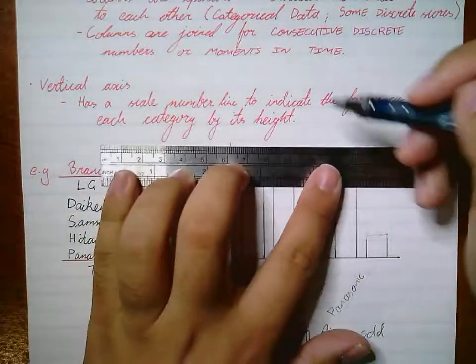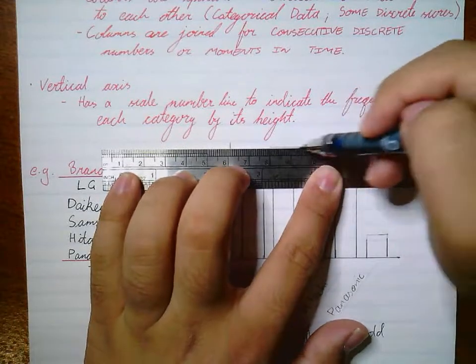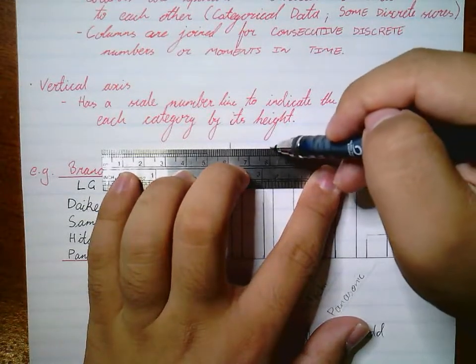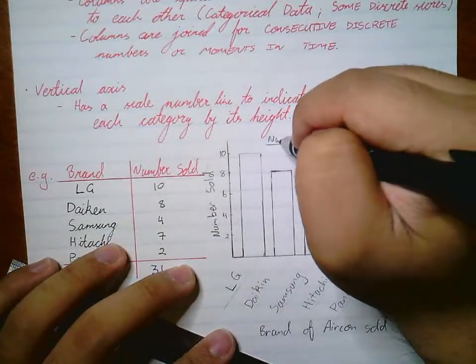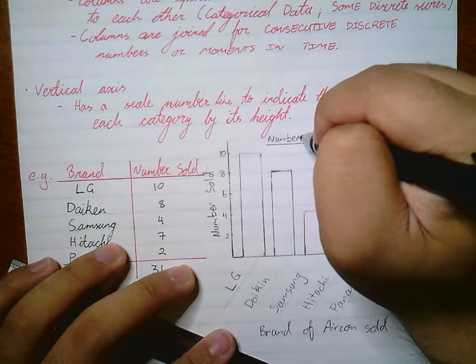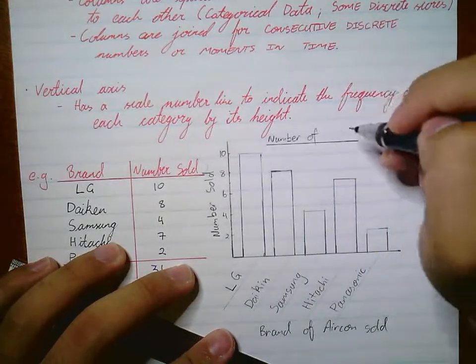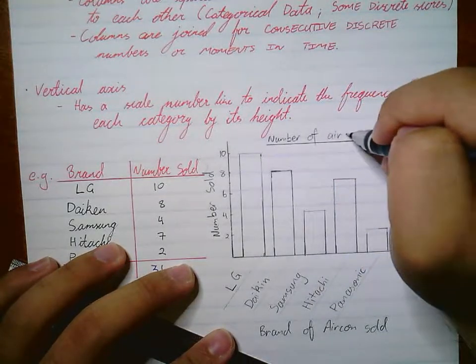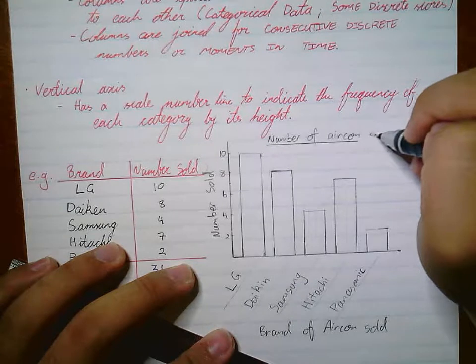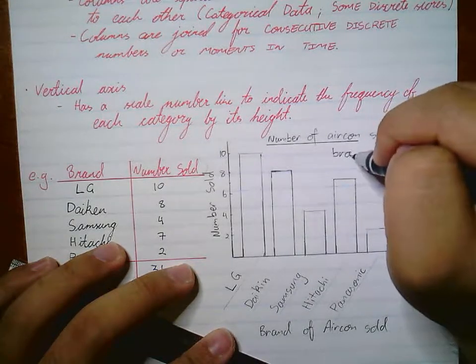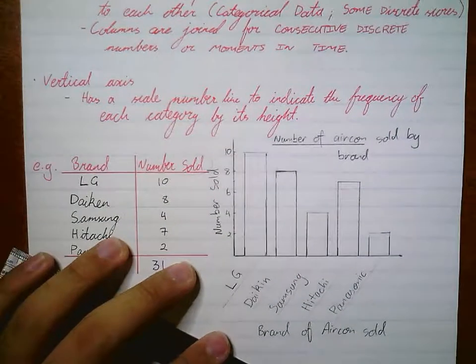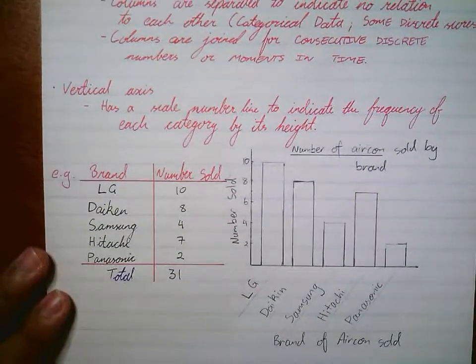There must be a heading, so let's put a little heading here, and we'll label this as number of aircon sold by brand. Okay, that indicates the end of this video.